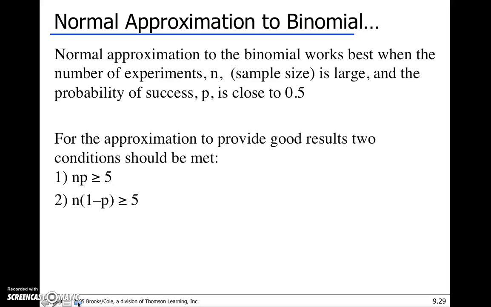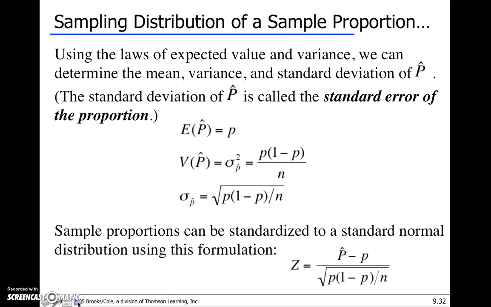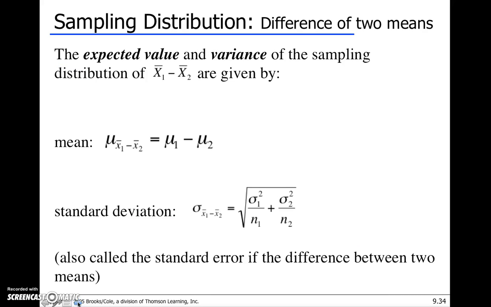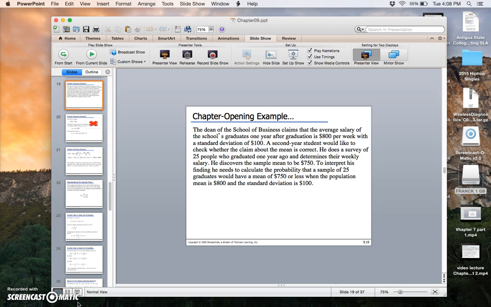This becomes very useful. Sampling distribution of the proportion, again, is excluded from the course. Sampling distribution of two means is also excluded from the course. And that is the end of chapter 9.